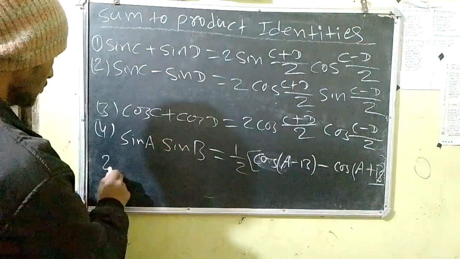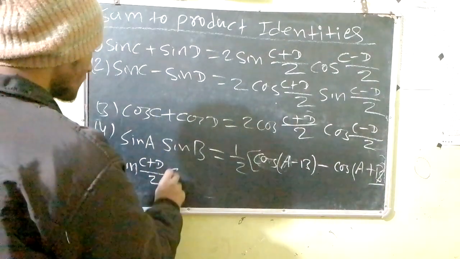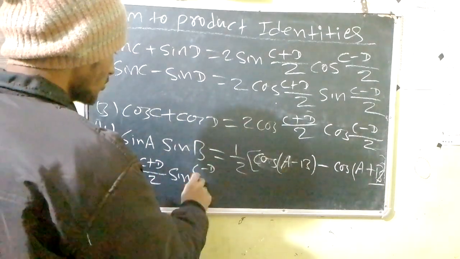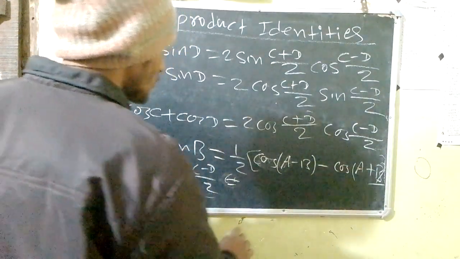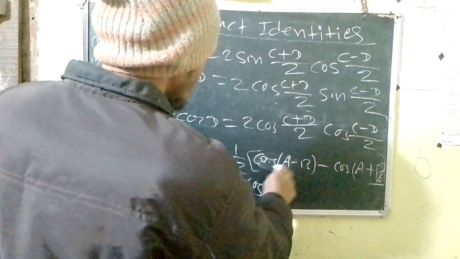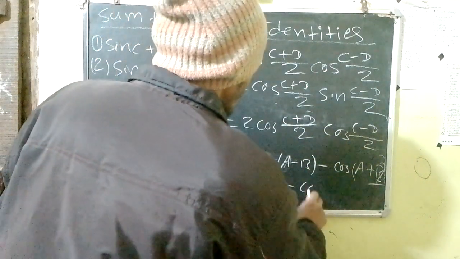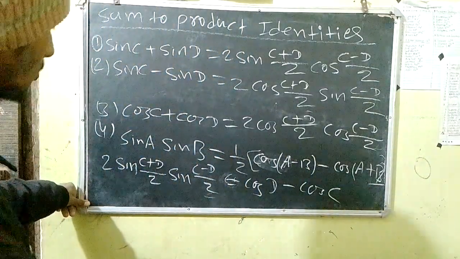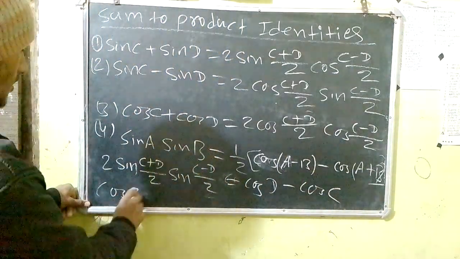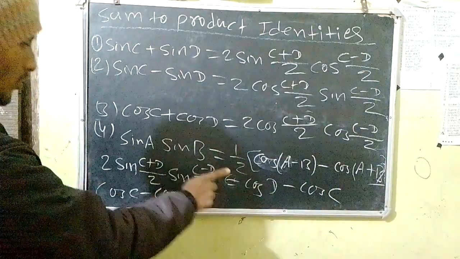So this is going to be 2 sine A replaced with C plus D over 2, and sine B replaced with C minus D over 2, and this is going to be equal to cosine D minus cosine C. And if you find what cosine C minus cosine D is, you have to distribute the minus sign on both sides.